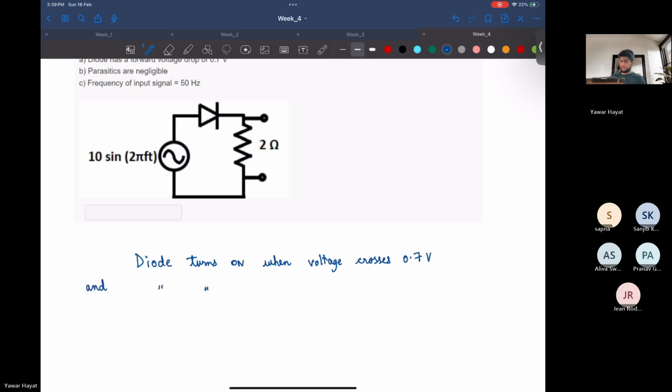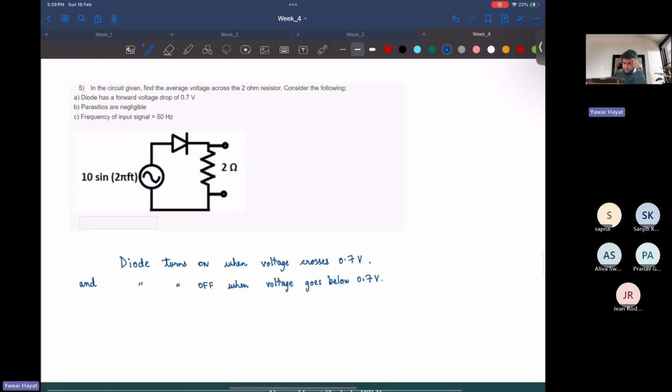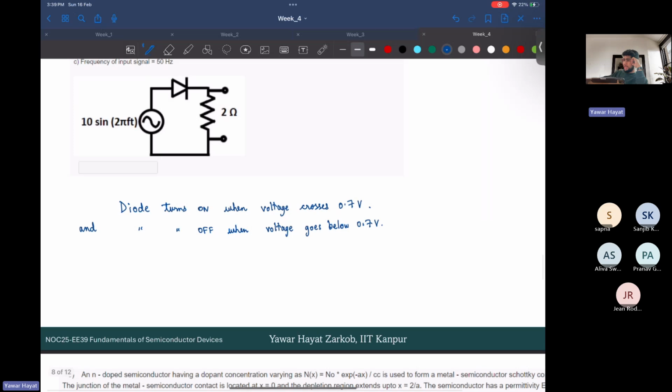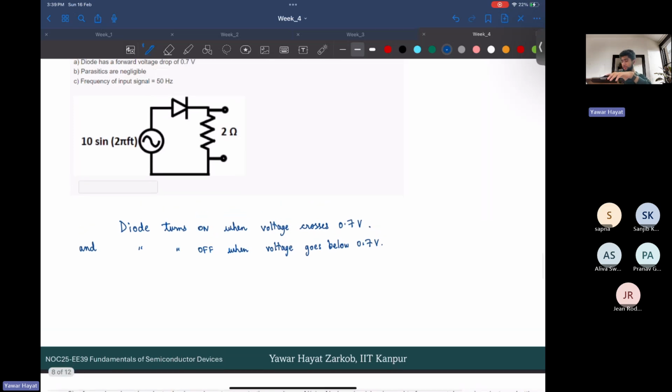And it turns off when voltage goes below 0.7 volts. Yeah, so that is the turning point. And now let's draw the input wave.